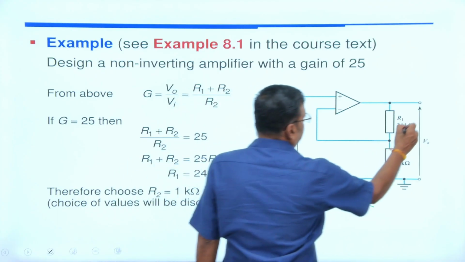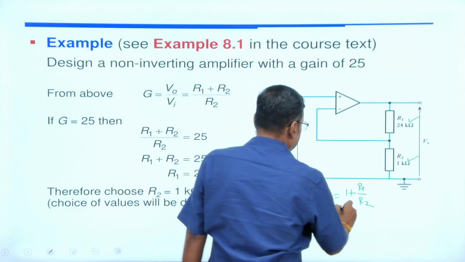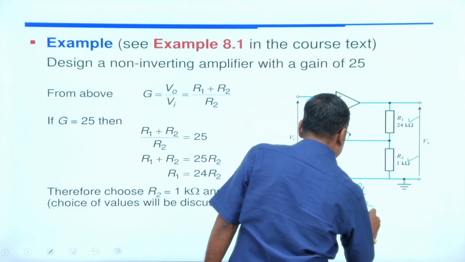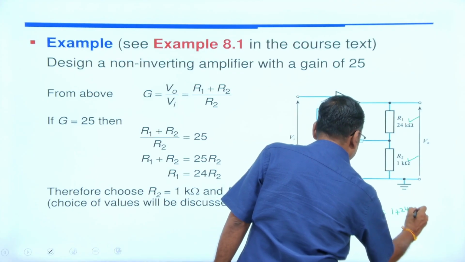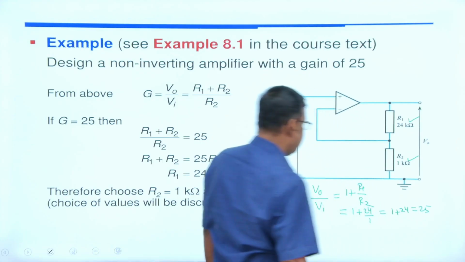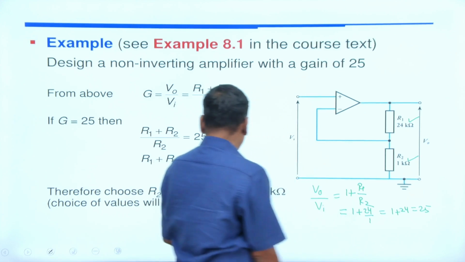R1 is 24 kilo ohm, R2 is 1 kilo ohm, 24 by 1 is 24. So 1 plus 24 equals 25. The voltage gain equals 25.